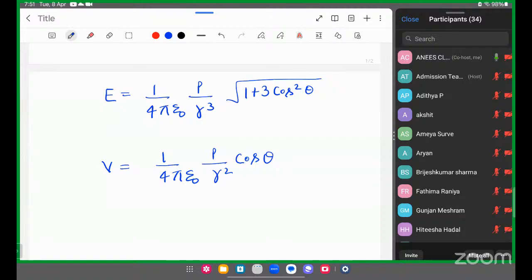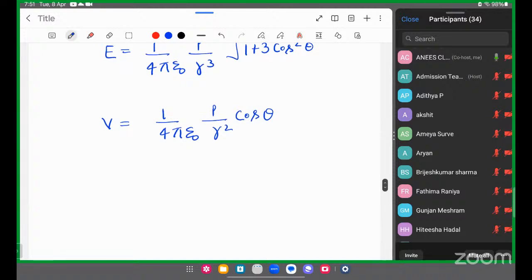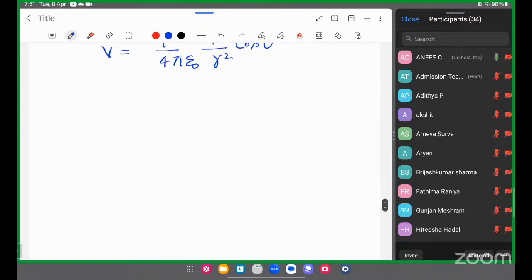So E is 1 upon 4 pi epsilon naught, P upon R cube, into square root of 1 plus 3 cos square theta. And for potential V, we have 1 upon 4 pi epsilon naught, P cos theta upon R square. Let us discuss two standard or special cases of this formula.